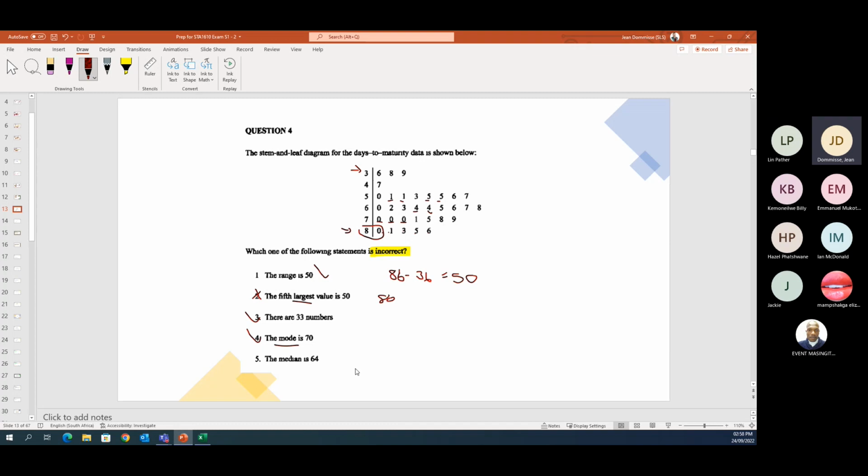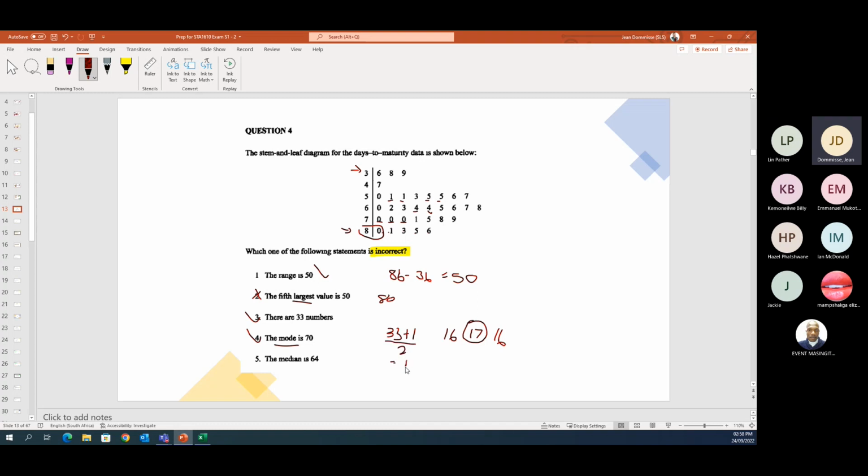Then the median, how to work out the median. So we have 33 numbers. So basically 16 to one side, 16 to the other side gives you 52. So the one in the middle will give us the median. We can also do that: the median is 33 plus 1 divided by 2.